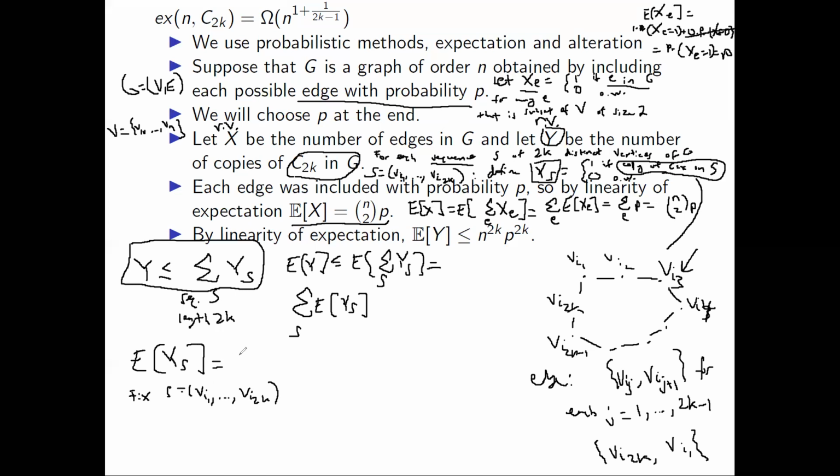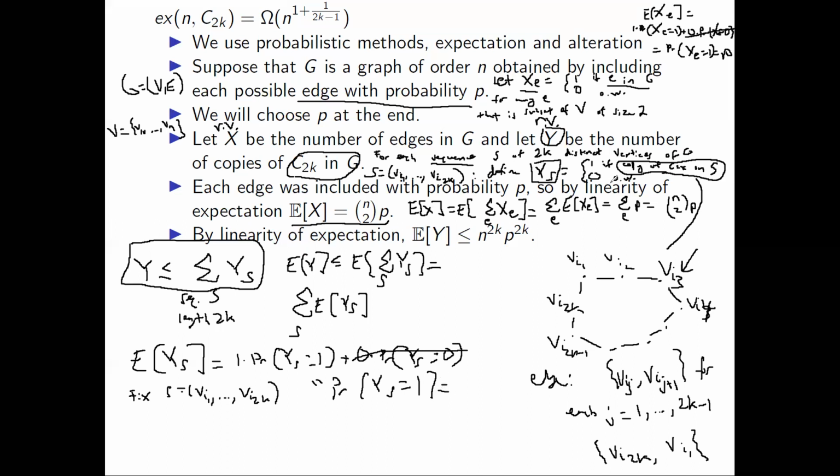And this is going to be equal to 1 times the probability that Y_S equals 1, plus 0 times the probability that Y_S equals 0. Again, this part cancels because it's just 0 times something. So we get the probability that Y_S equals 1.